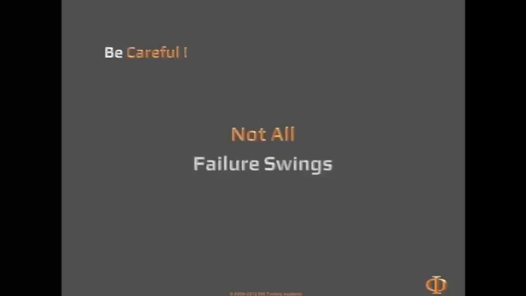And now going back to the disclaimer and the agreement that we started at the beginning, we have to be careful, because since we are not 100% correct, it means that not all failure swings are correct. So this takes us to the second aspect of our triangle, which is the stop losses in essence.